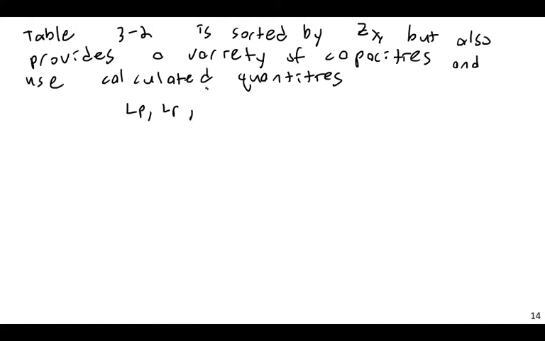And also, in turn, it gives us phi MP and phi MR. Wow, look at that. Isn't that great? We can just outright get our bending moment capacity based on that.